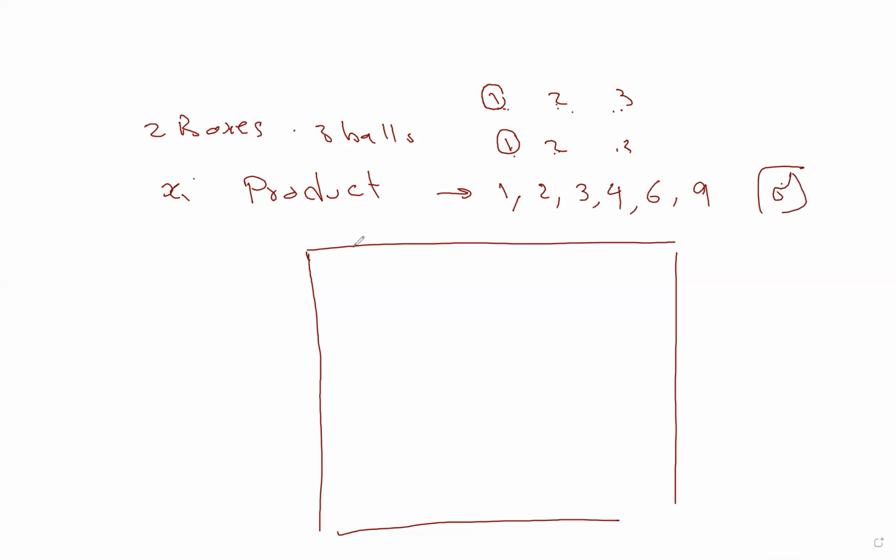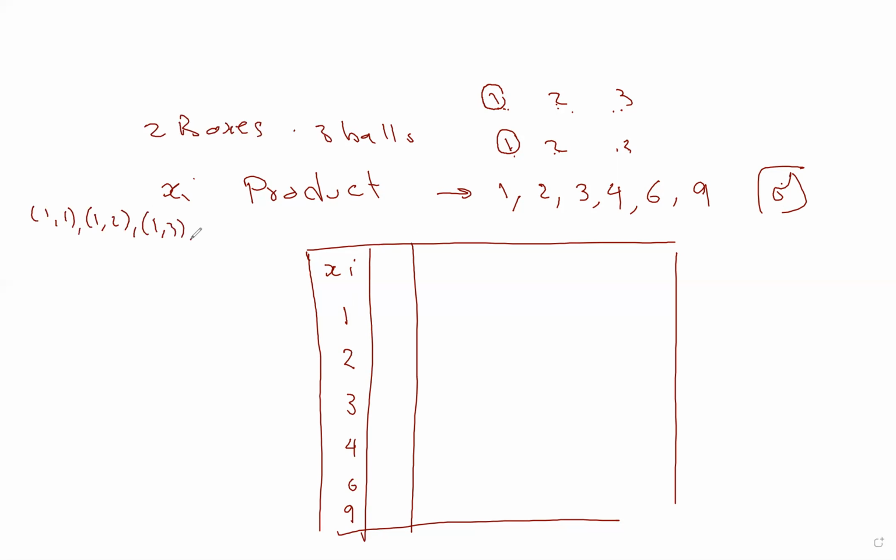Okay, this is xi, which is 1, 2, 3, 4, 6, and 9. What's the probability for each? You will get 1 and 1, 1 and 2, 1 and 3, 2 and 1, 2 and 2, 2 and 3, 3 and 1, 3 and 2, 3 and 3.